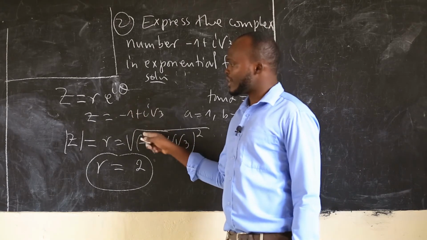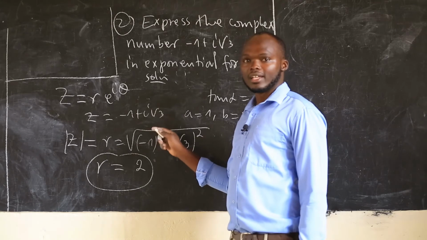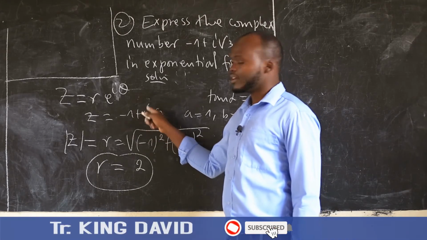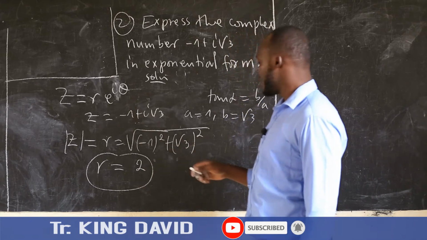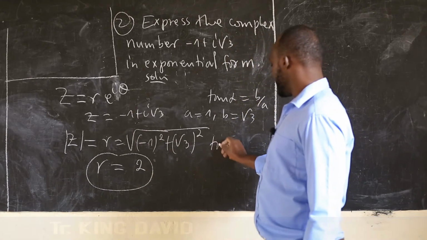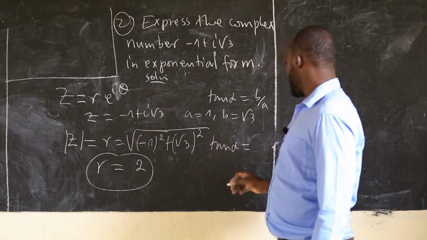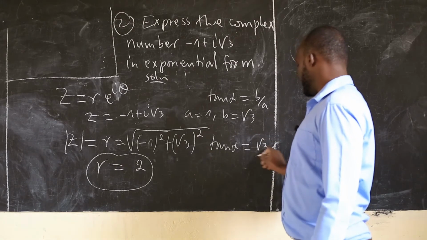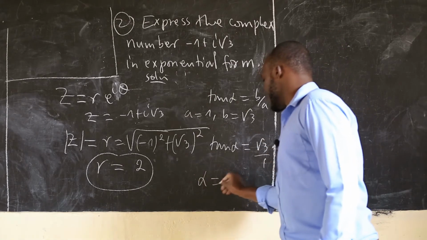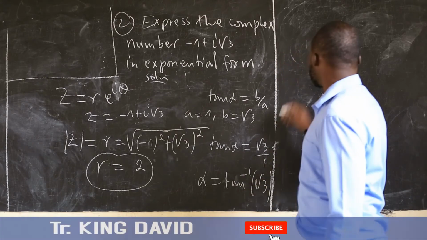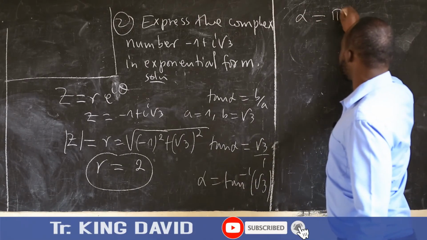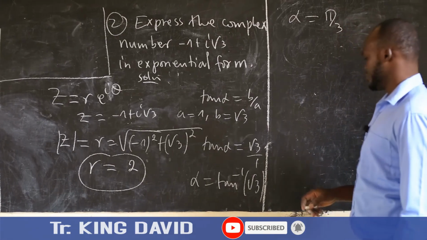Those signs will help us to understand the location of this complex number on the circle. So then tan alpha is root 3 over 1. So alpha is tan inverse of root 3. So then alpha is equal to pi over 3, which is 60.